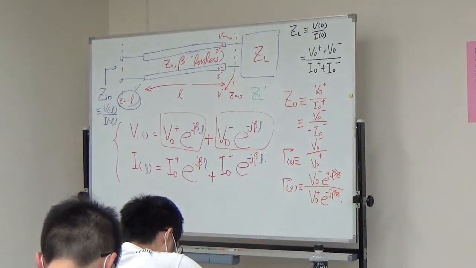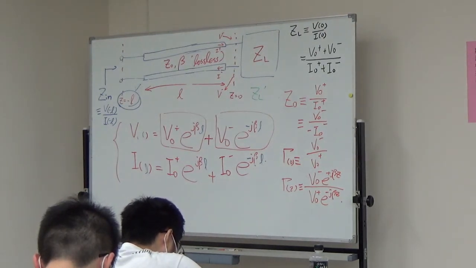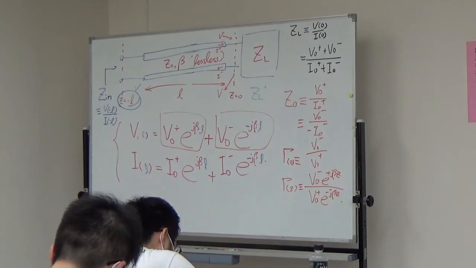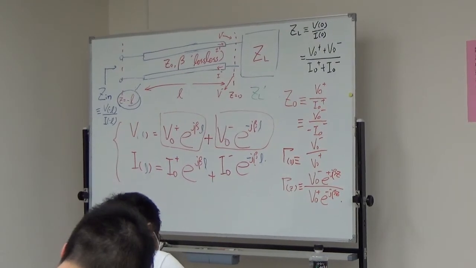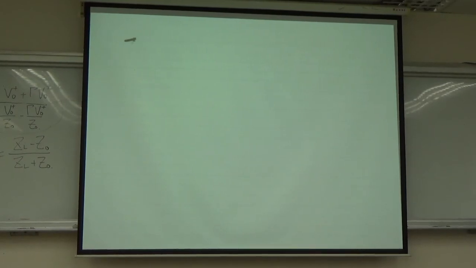Okay. Now we can start to derive. As you write down, then we will use all of those definitions and equations to derive what Z in is.